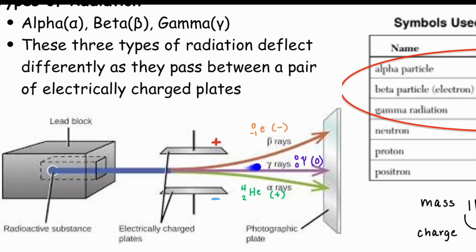The gamma rays would go straight through, being unaffected by those two charged plates. And the alpha particles will bend downwards, closer towards that negatively charged plate. This is all due to the fact that some of these particles have charge and some don't have charge.